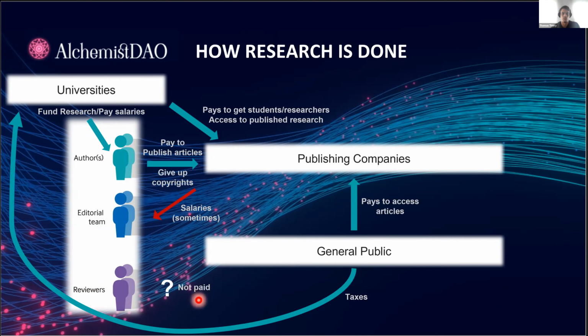What's even worse is that reviewers are not paid at all. That's a big part of the whole process, and reviewers are never paid. So when you review an article, you spend hours trying to make something better, and you're not paid for this.